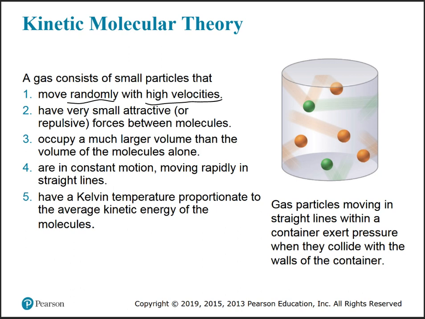That's a gas. They have very small attractive force between them. So that means that when they bump into each other, they just kind of bounce away. There's no interactions. They don't stick together. Gases just kind of hit each other, bounce off of each other, and keep moving. They don't want to really interact.